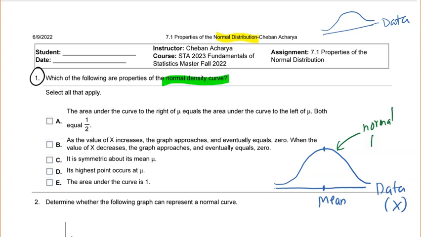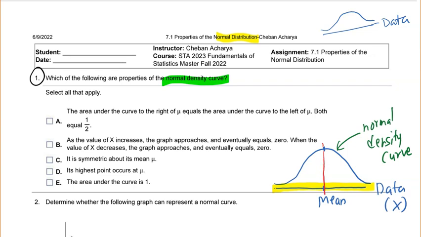Normal density curve. Notice that this line here is the data x value, and this curve is called the normal density curve. And actually, what are the properties of the normal density curve? The first one is, look at the mu here.